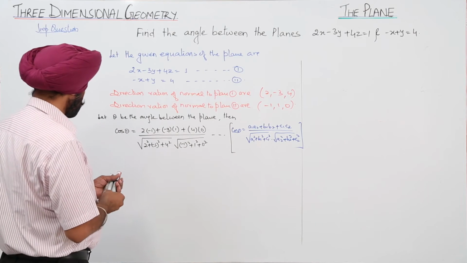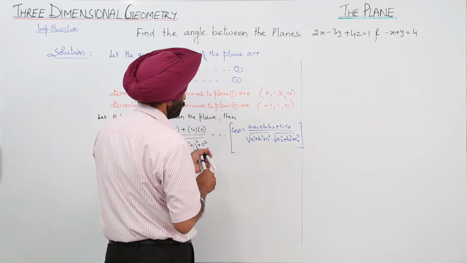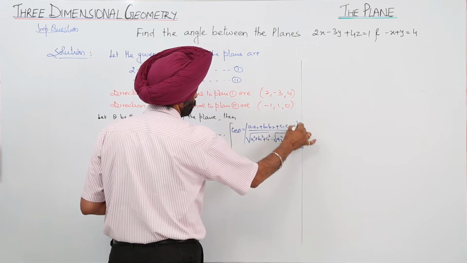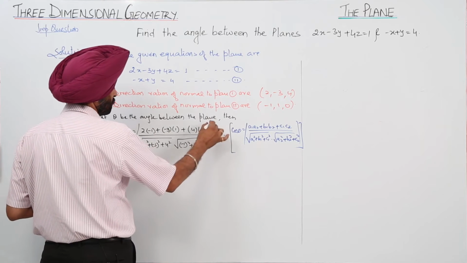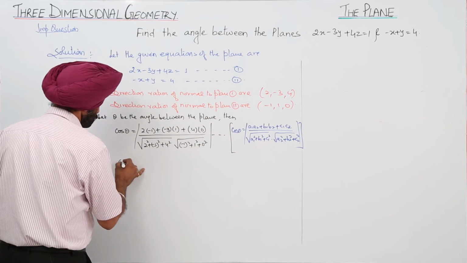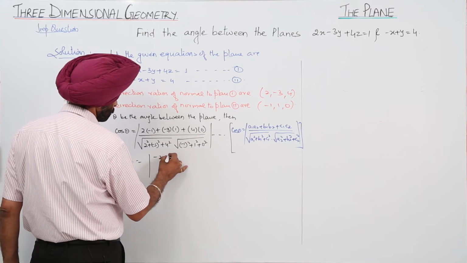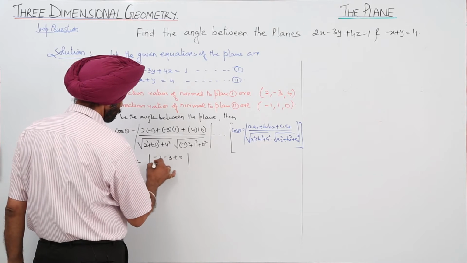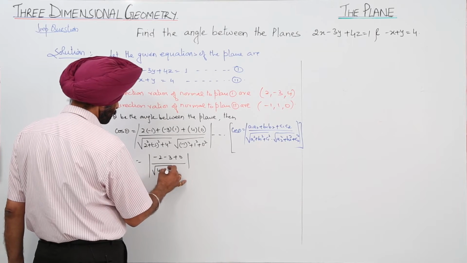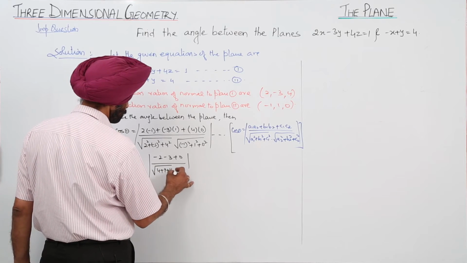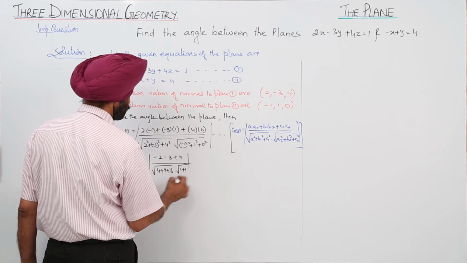Now cos theta is equal to minus 2 minus 3 plus 0 upon square root of 4 plus 9 plus 16 with square root of 1 plus 1.